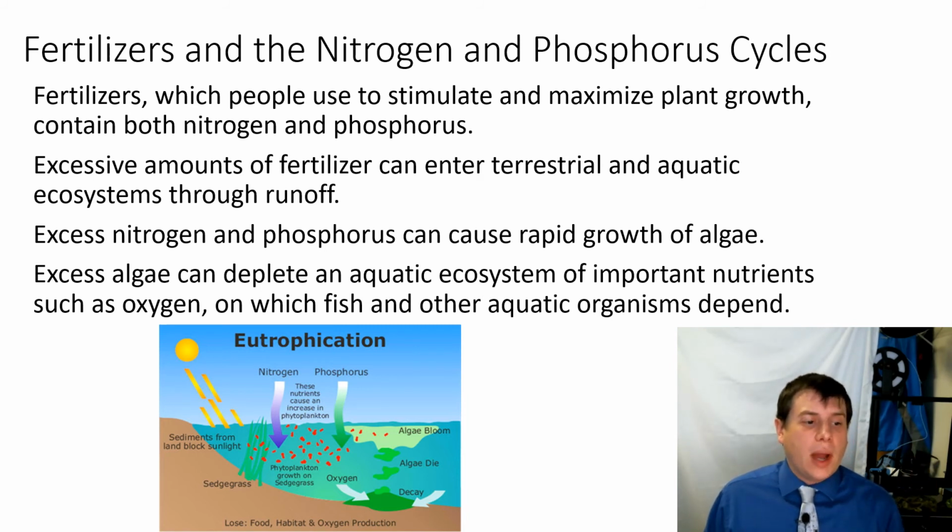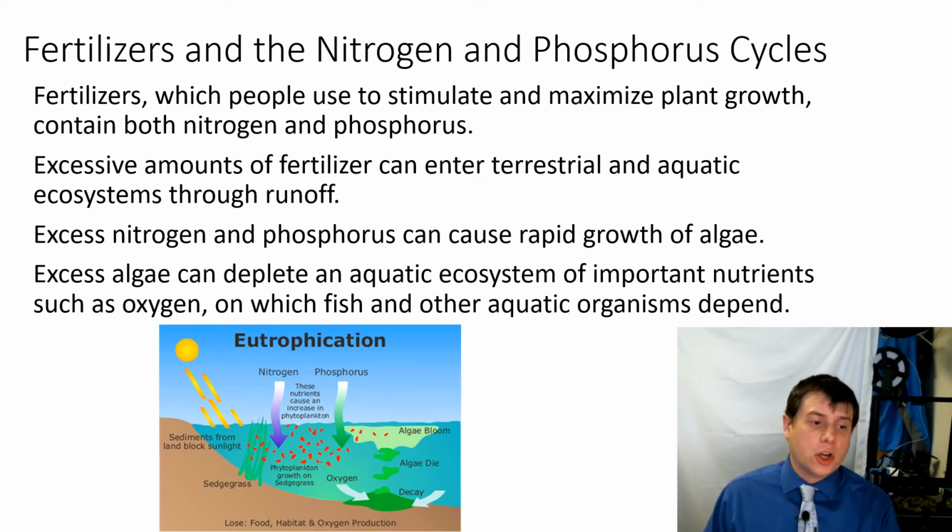So you have sunlight coming in, and that's going to feed the seagrass and the algae on the surface. At first, they're going to take in that nitrogen and phosphorus that are coming in as runoff and as excessive inputs from land.